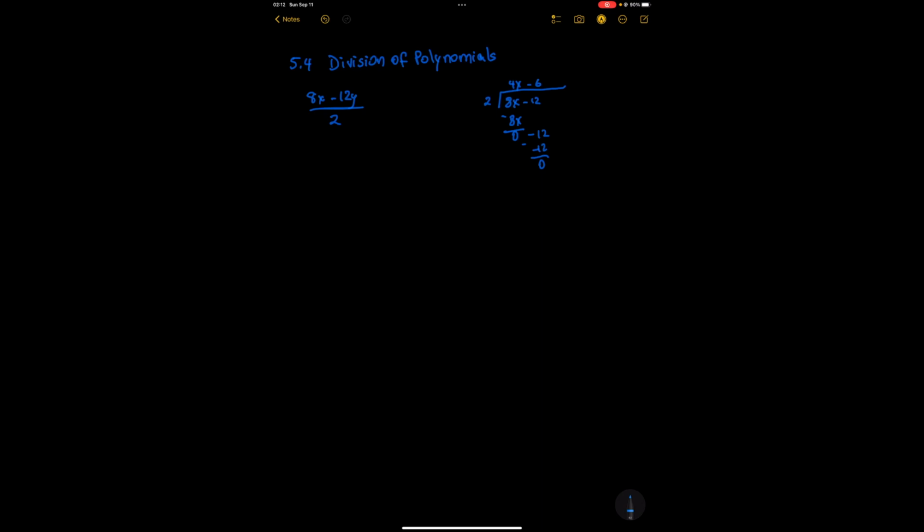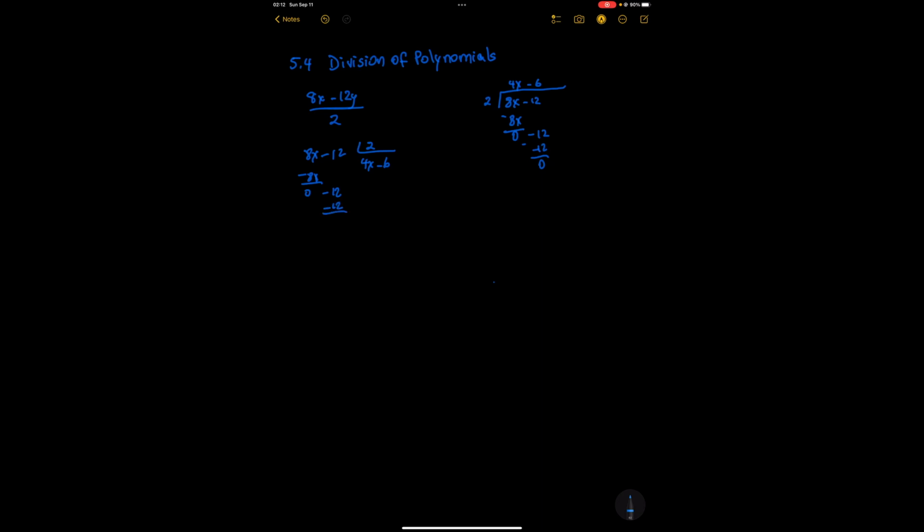The other would have been 8x minus 12 divided by 2. So that would be 4x times 2 is equal to 8x. That would be equal to 0 minus 12. Then we're going to do 6 times 2 is equal to minus 12.